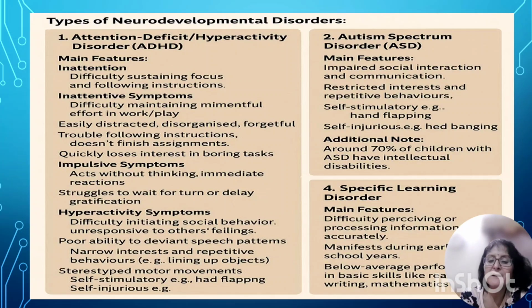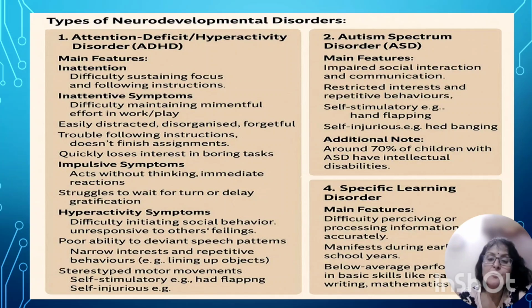Again, for children, the age has to be apt in order to categorize or send the child to the special educator to be tested for ADHD. At least the child should be 8 years plus. Because in pre-primary and primary, the children cannot sit for a long time, they cannot focus for a long time.